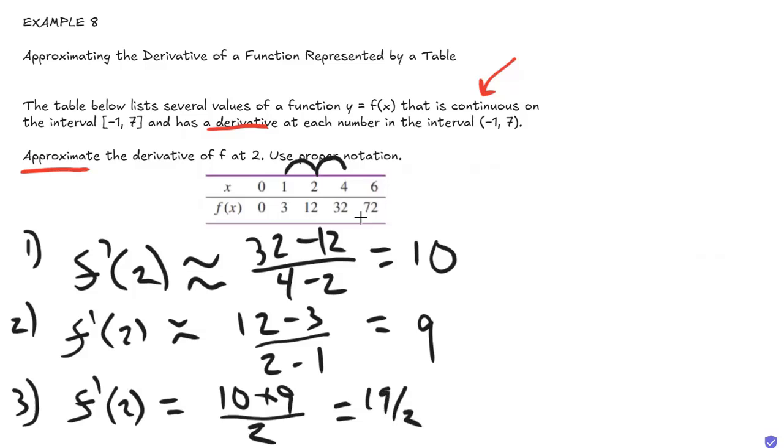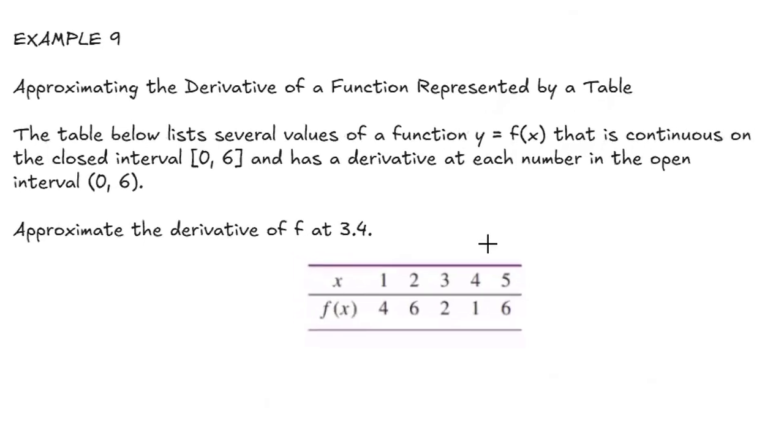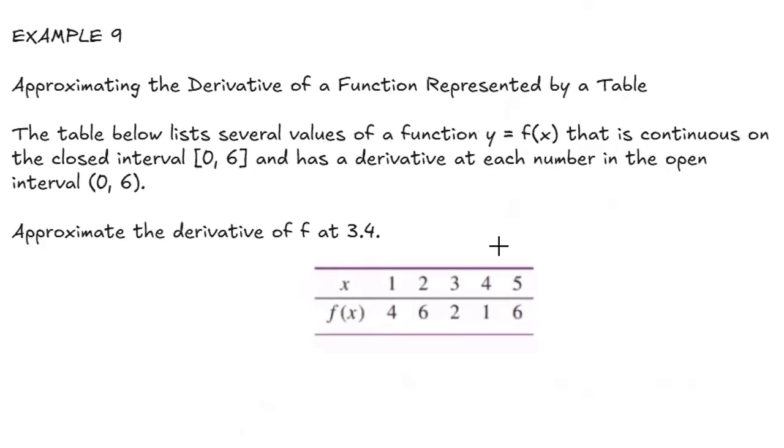Now, if we're talking about the AP exam, to earn points on the AP exam, when you're approximating the derivative of a function using a table, you have to use the interval that most tightly bounds c. In this example, the value at which you're trying to approximate the derivative is not on the table. So in this one, we have another function that is continuous on a closed interval and has a derivative at each number in between.